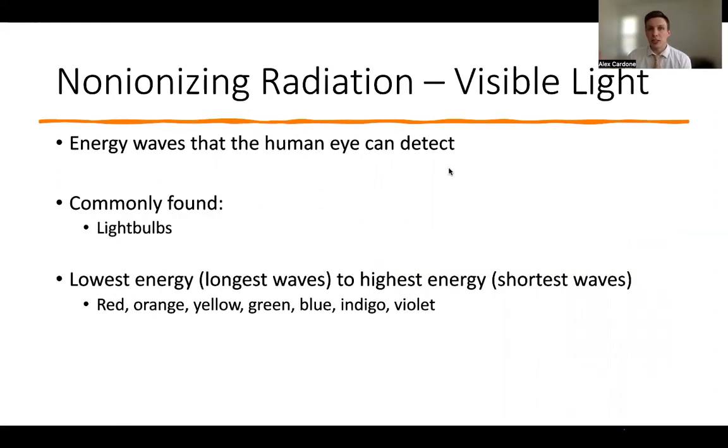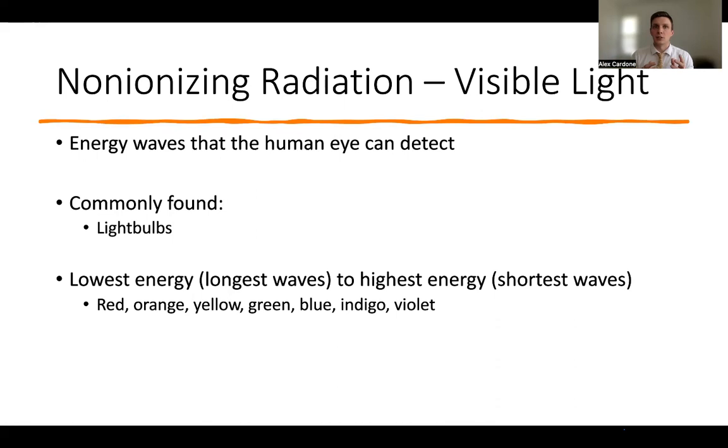Next is visible light, energy waves that the human eye can detect. This can commonly be found in light bulbs or really any light that we are able to detect. Light in and of itself is just colored radiation that is given off, because again, it's energy, and we can perceive those colors to a certain degree.